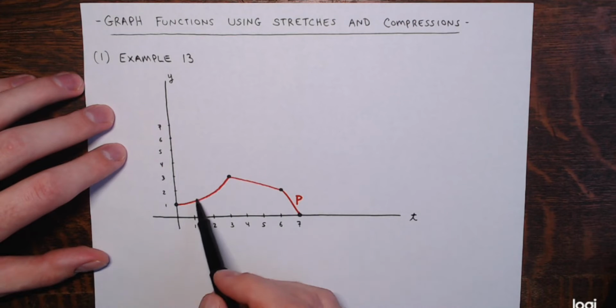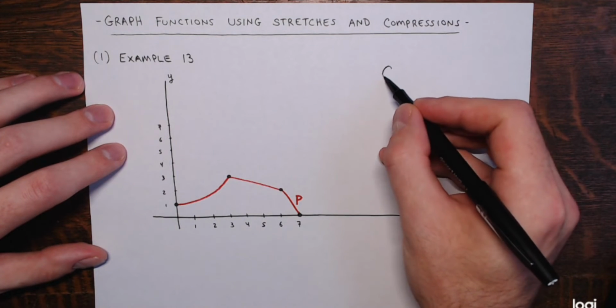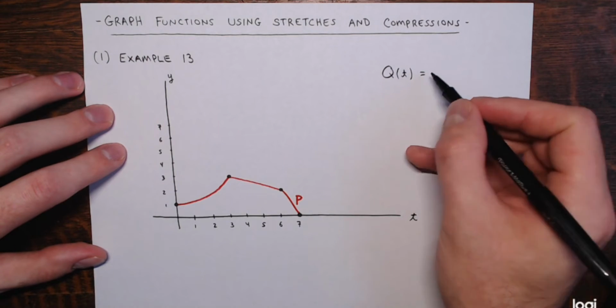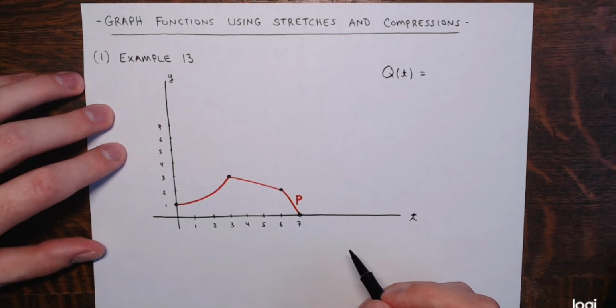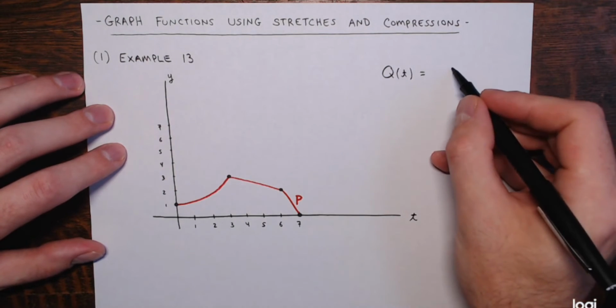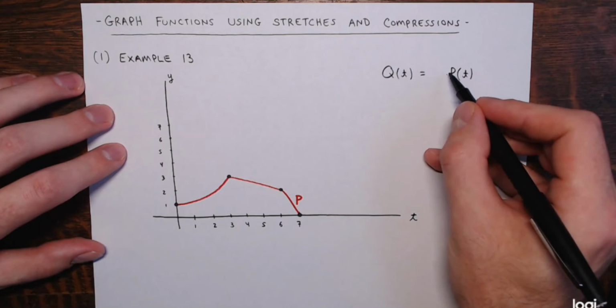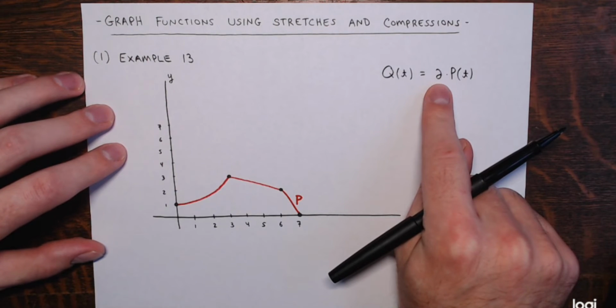Now we're asked to graph the function Q of t, where the scientist says that this population Q has the same pattern as population P, but twice as large. So it's equal to P of t, but then times 2. They said it was twice as large. So let's see what that does.